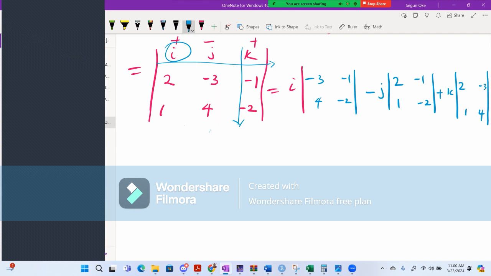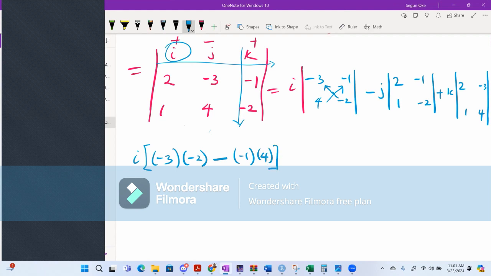Correct. So we can now solve this one by saying I equals to, remember this is multiplied by this, and this one will also multiply this. You have to be careful when you are dealing with this. Open this bracket: minus 3 multiplied by minus 2, minus 1 multiplied by 4.